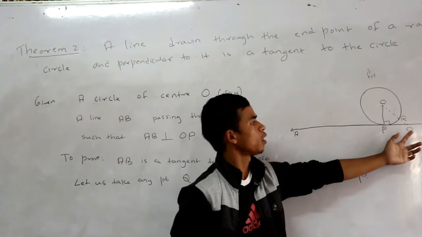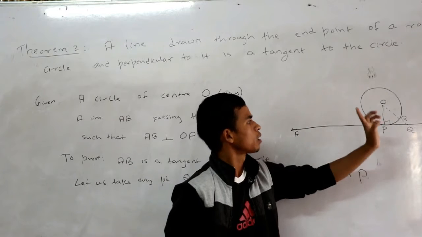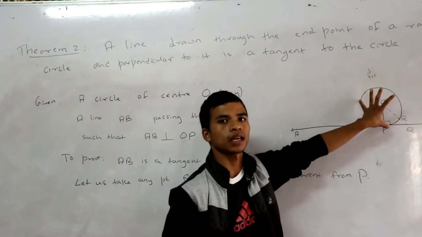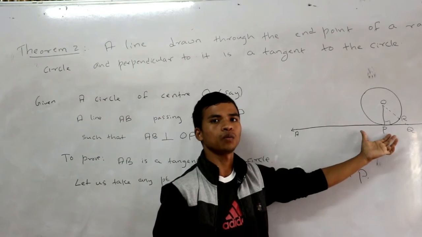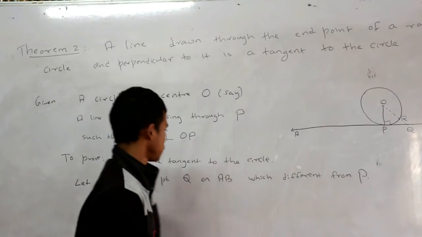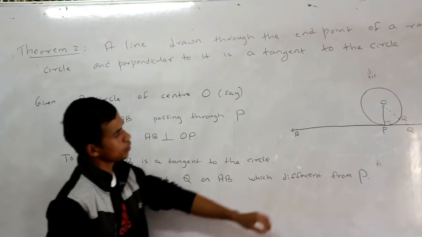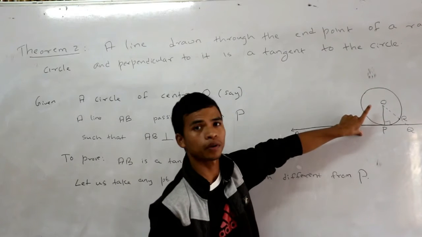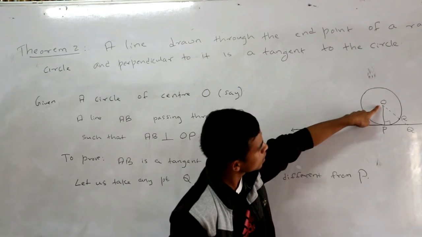Then any point on AB other than P cannot intersect this circle, so that this line AB will become a tangent.